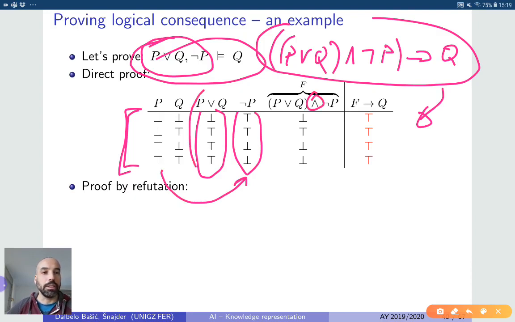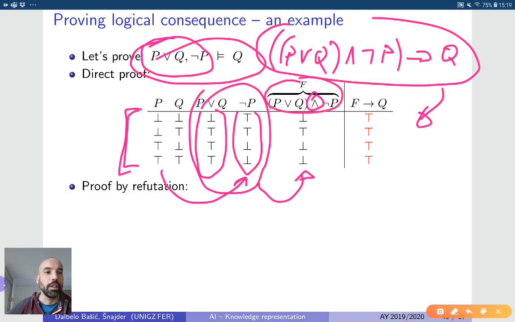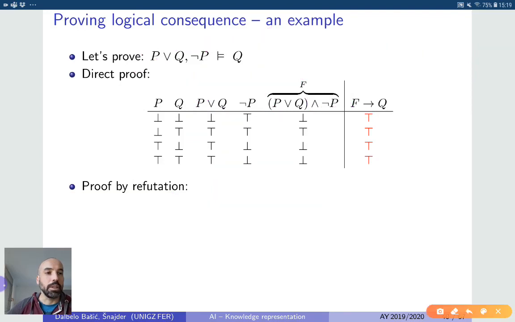So I'm combining these two together to give me this column, okay? And finally, I'm constructing an implication from this formula. Let's denote it F to Q, and I have it here. And yeah, let's do this together now. Let's clean this up a bit. So I'm going to build an implication from here to here, right?